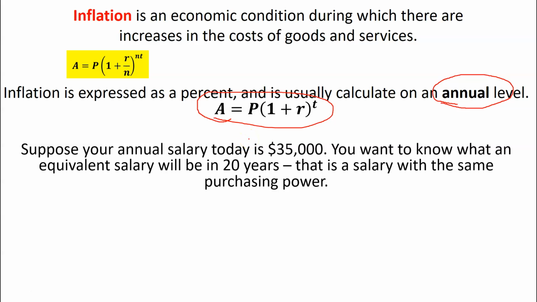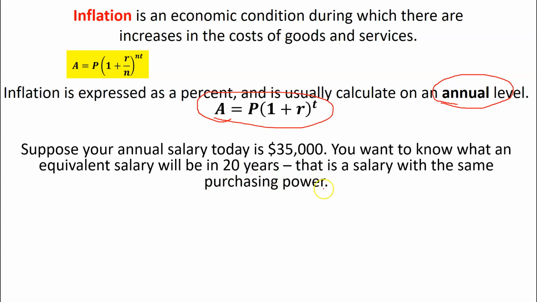So take, for example, that your salary today is $35,000 and you want to know what the equivalent salary would be in 20 years. In other words, if you have the same purchasing power, obviously it's going to take more dollars because inflation is going to cause those dollars' value to go down. Well, how many more dollars do I need to have? That's called purchasing power.